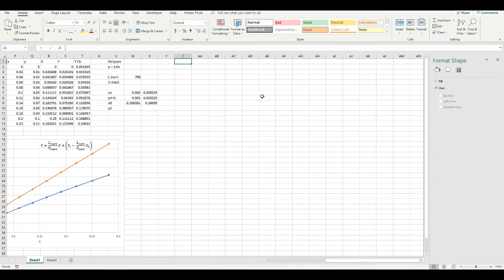Okay, so based on what we know, we should first trace the equilibrium line. So let's write x, y, capital X, and capital Y. And let's start with 0, and let's do an increment of 0.005. This will make things easier down the road, as we'll see.